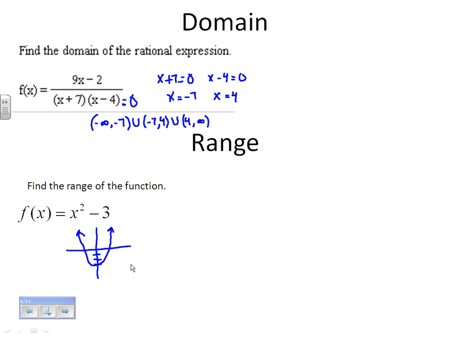But now that I have my graph, I'm looking at my range starts right here at -3, and then I have y values going up to infinity. So that's what I need to write: my range is -3, and it can be -3, so that's why I have a bracket, and then it goes to positive infinity.